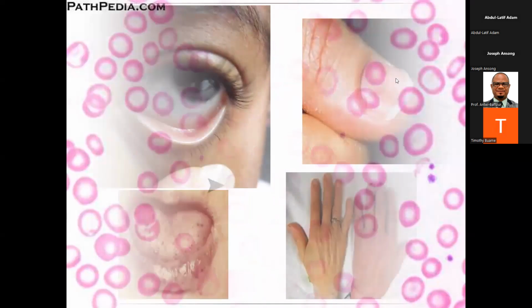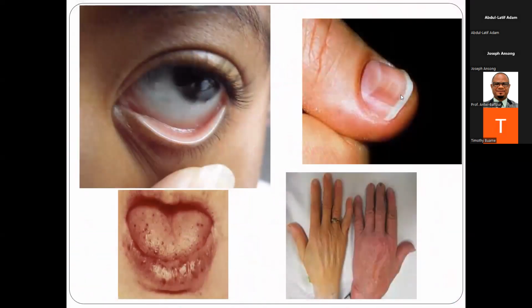This is the spoon nail, so the nail turns upwards like a spoon. The sclera is pale, with very little blood. Look at the hand of this person. And the atrophic glossitis, the tongue is swollen.